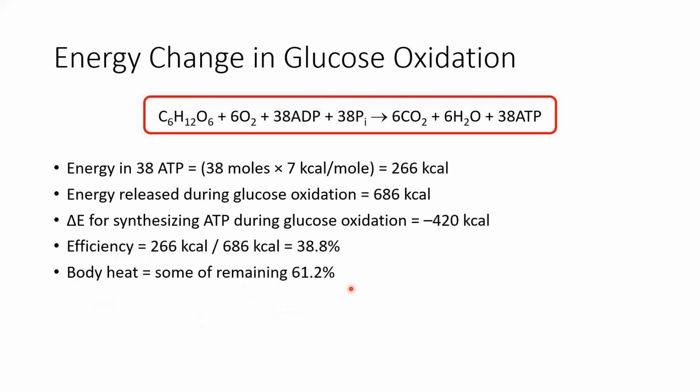So all of this is really just to illustrate what we said earlier, that glucose oxidation is not a perfectly efficient process. Most of the energy, 61.2% of the energy that we make, is liberated as heat, and only 38.8% of that energy is actually used to make ATP for energy for our cells.